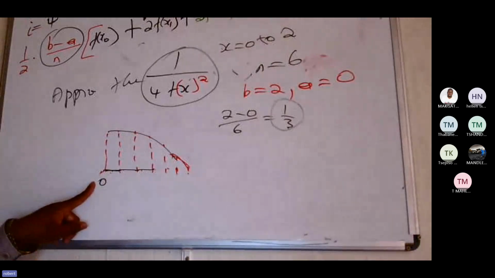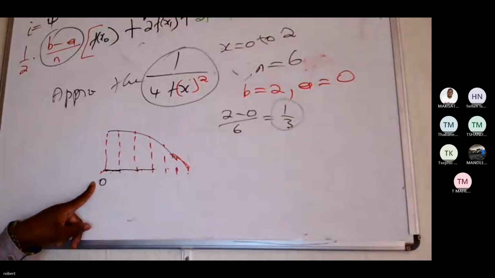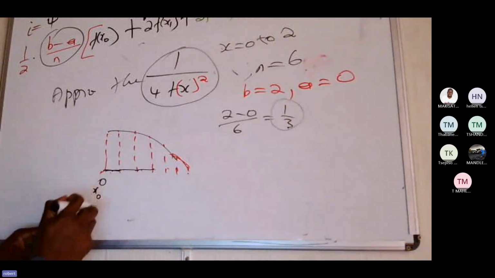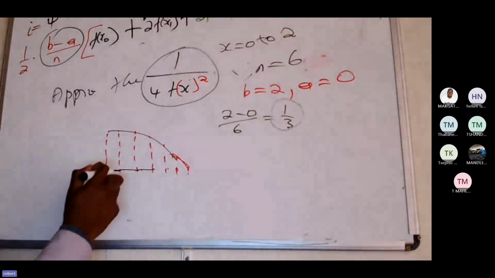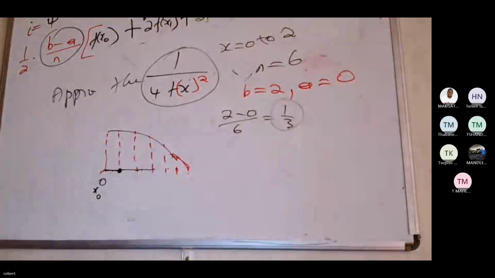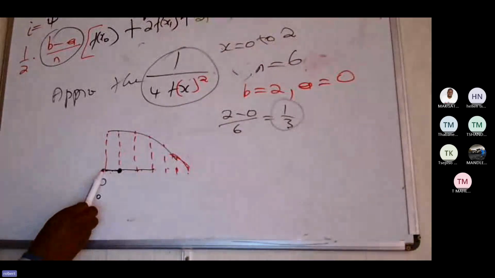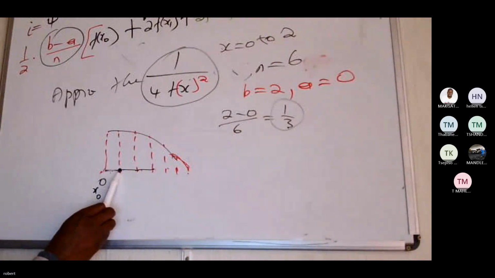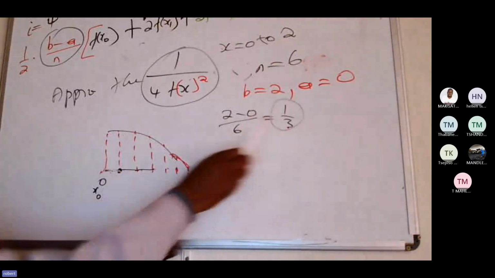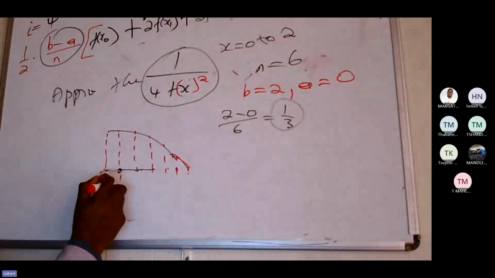If the first x, meaning x0, is 0, then what will x1 be? It will simply be x0 plus this 1 over 3. Therefore, x1 will be 1 over 3.